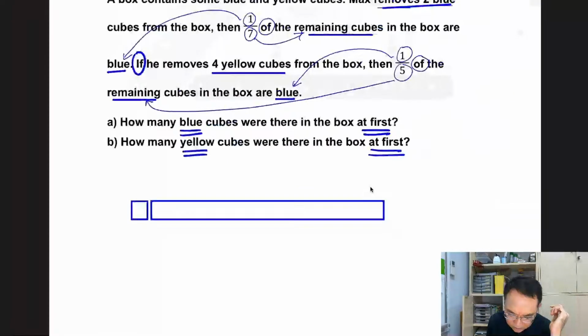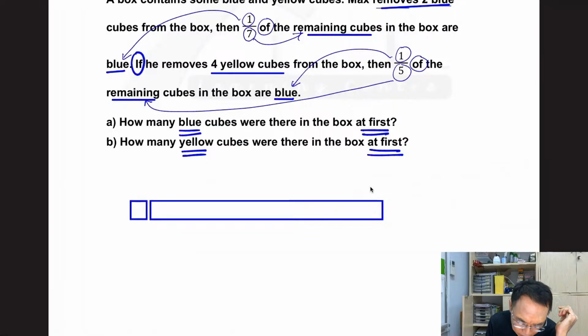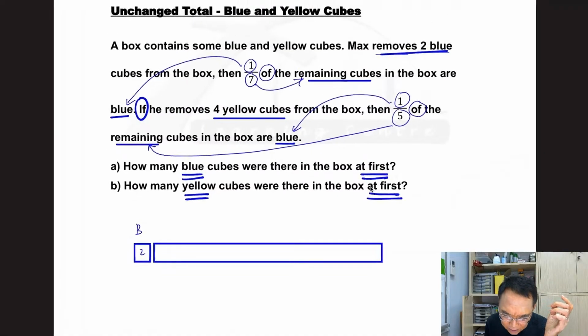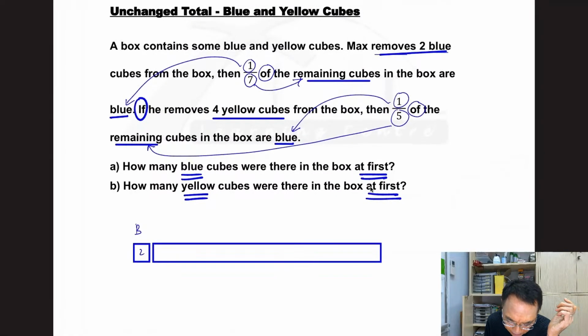Okay, let's say this is the 2 blue. All right, let's say this is the blue. So let's label this. This is the blue, this is 2, and when he does this, it says that there are now 7 units over here. So I'm going to cut this into 7, and 1 of those units is blue. 1, 2, 3, 4, 5, 6, 7.